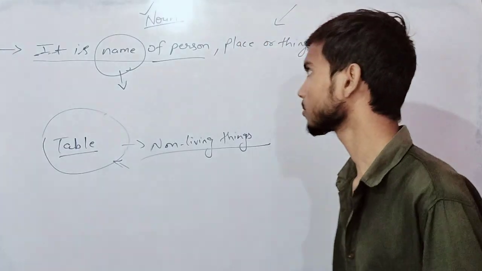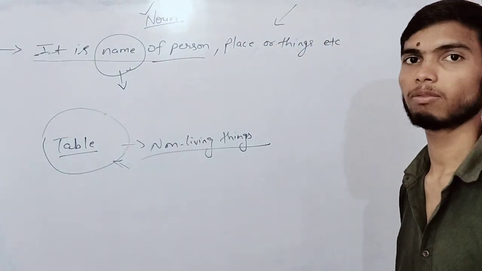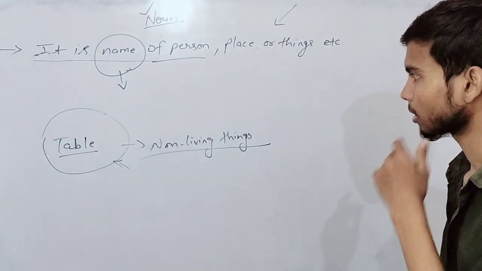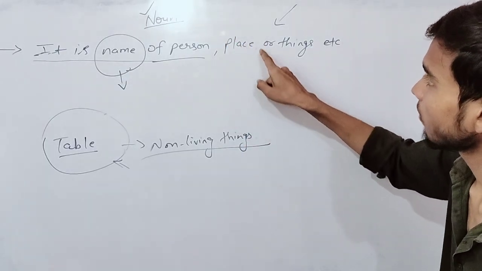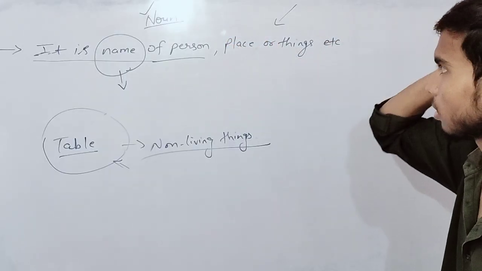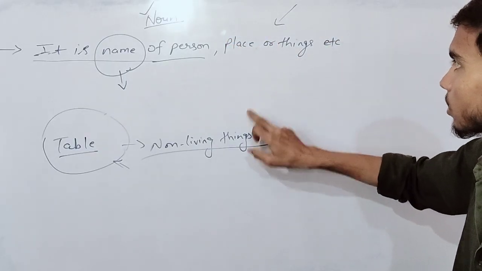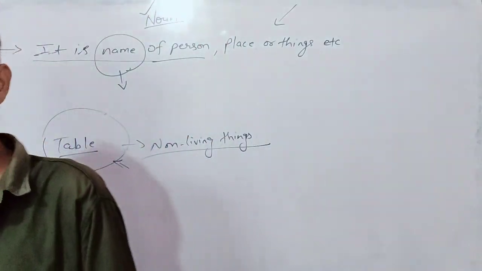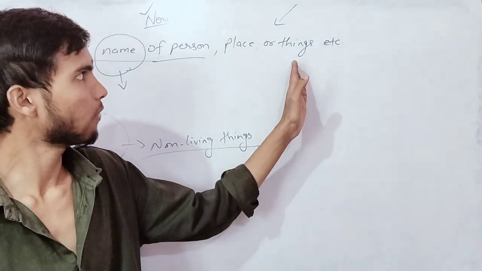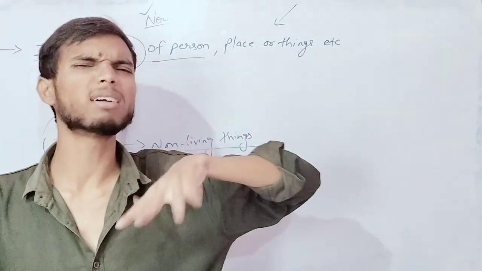Completely you cannot say. 50% you can say, but 50% you cannot say. Here, it will not be a living thing, it will not be a non-living thing. Now things we understood. I should have written here what non-living thing.